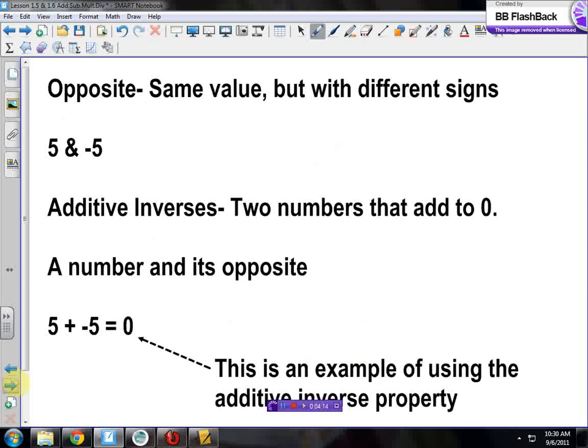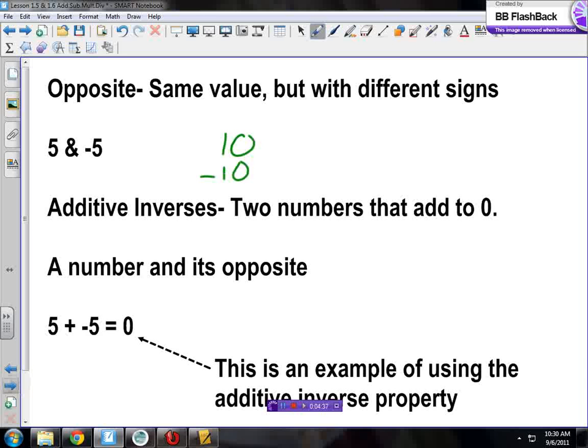Now we're going to be talking about something called an opposite. When we talk about opposites in numbers, they are the same number but with different signs, like 5 and negative 5. Okay? So if it's 5 and negative 5, what's the opposite of 10? Negative 10, good.